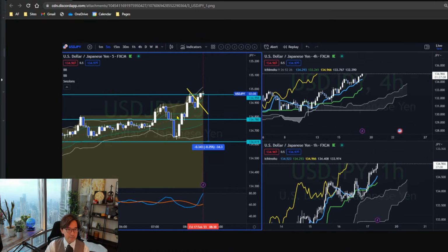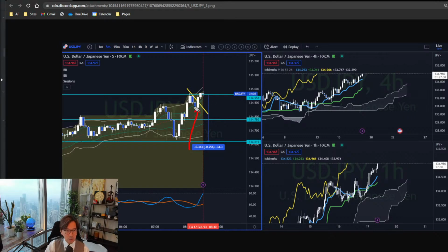So again, I was seeing the 4 hour bullish and 1 hour also bullish and 5 minute. So when I first opened the chart, I was here on this bullish candle, the white bullish candlestick. But then I didn't enter the trade. I think I saw the golden cross classic, but I waited a few more minutes because I just wanted to see if the market still goes up or not.